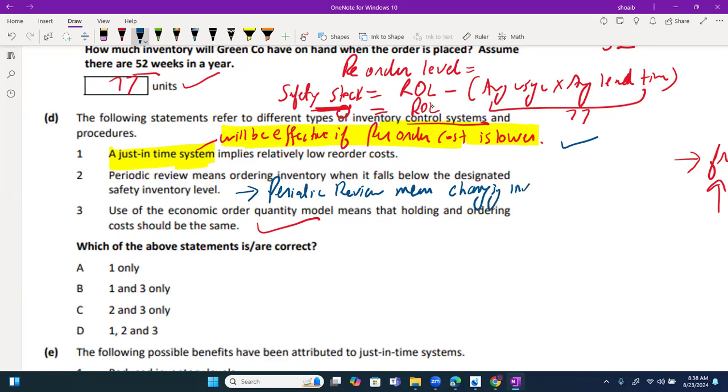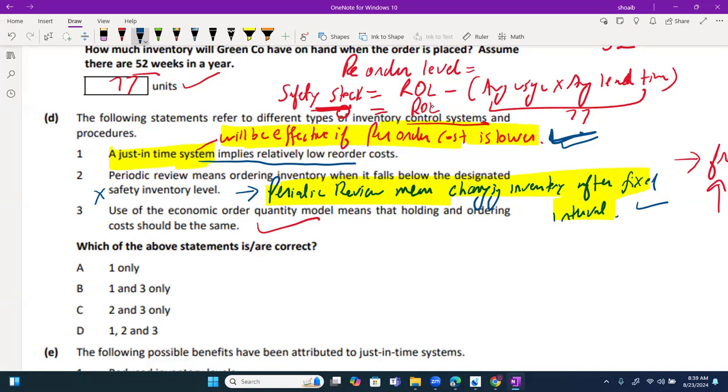Changing inventory after a fixed interval, this is the definition of periodic review. So what is written is incorrect. This should be correct. Just in time as written, I don't agree with this. But the problem is the writer who has written this question has used ambiguous wording. So apparently the answer is 1 and 3.